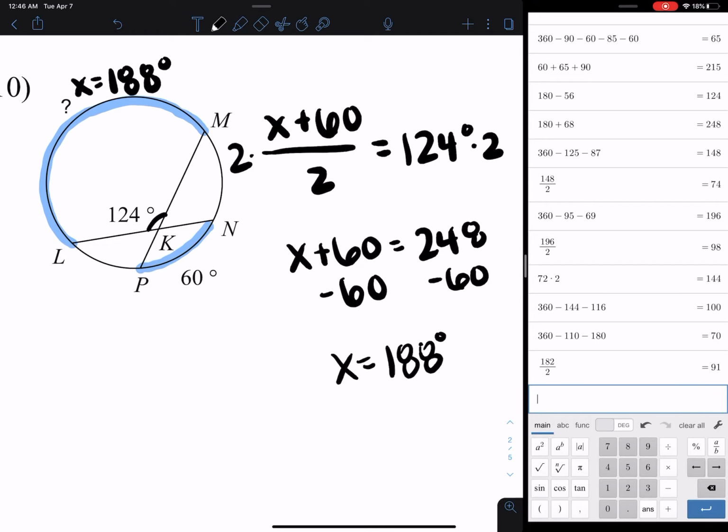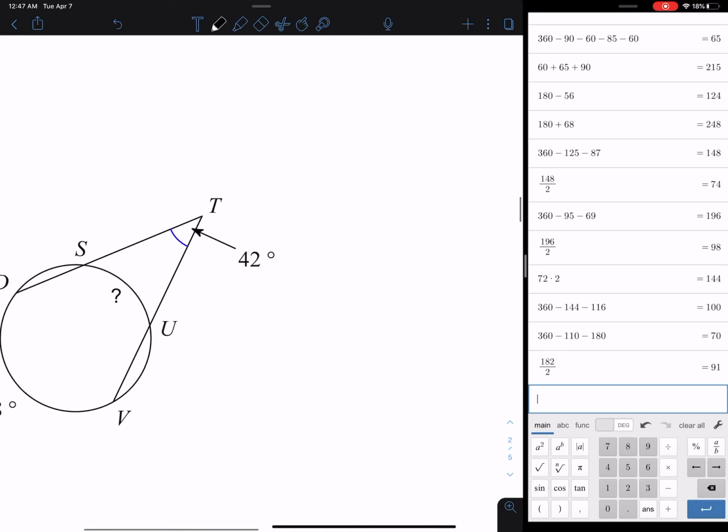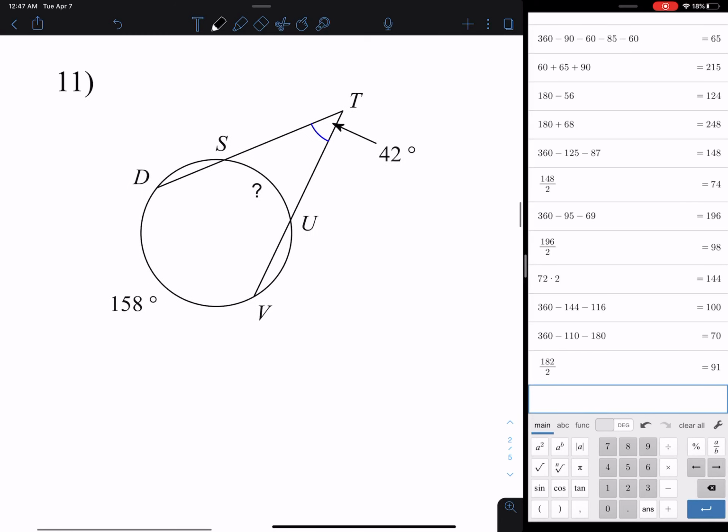The next two problems are exterior angles because the angle that's formed is outside of the circle. So here we have to do our major, which is the bigger arc, minus the minor arc, divided by 2, and that gives us the angle. So this one is just like that last one where we have one of the arcs that we're trying to find. So the major one, we can see from the picture, that's 158, that's the bigger one.